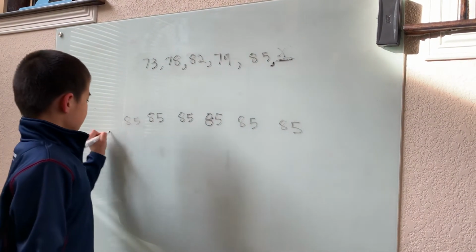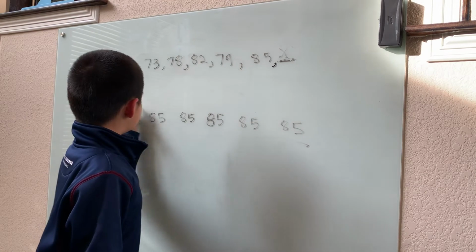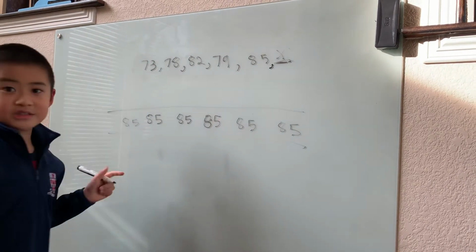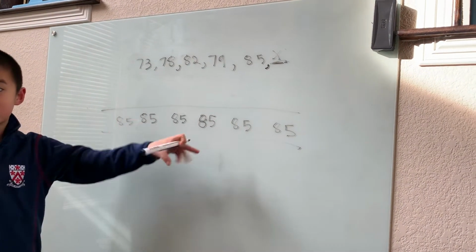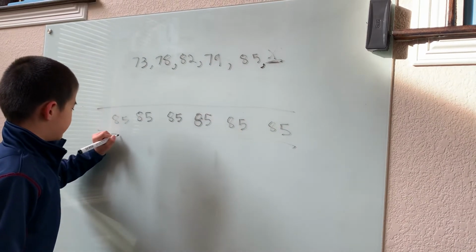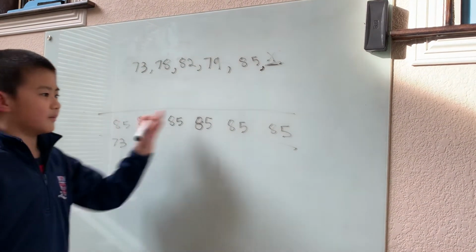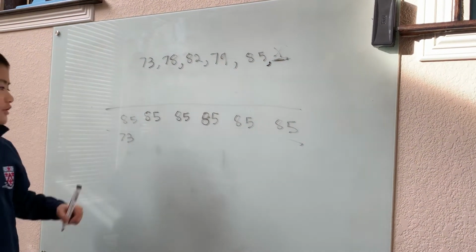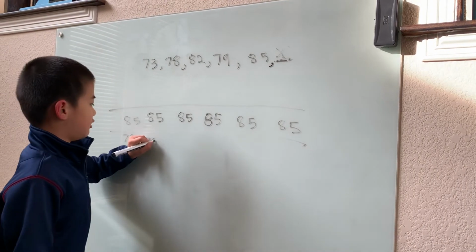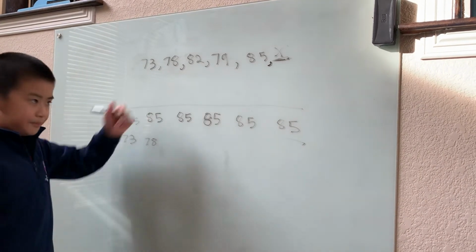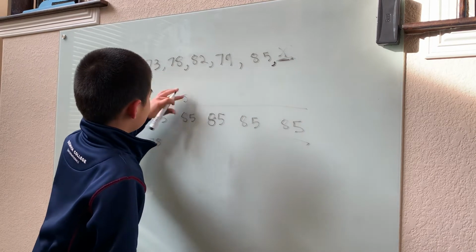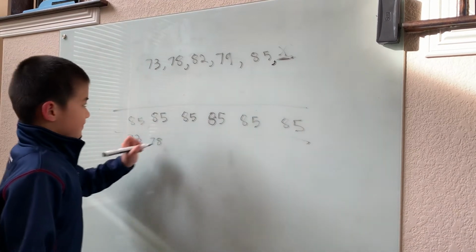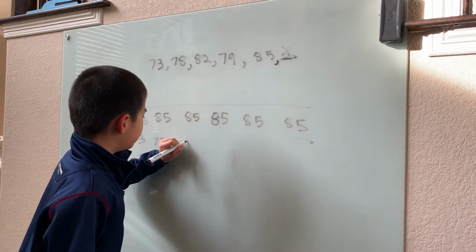What they're doing is they see 73, that's below average. 73 is right down below our average. 78 is also below our average, but 82 is above. Wait, it's still below. 82 is still below.